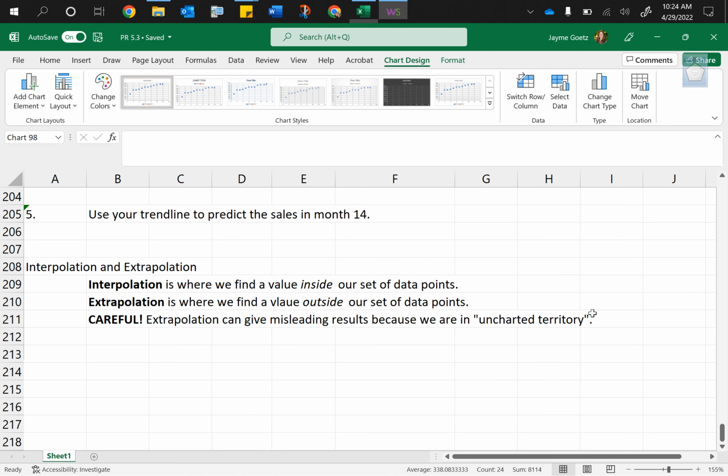Extrapolation is a lot like number 5 right above there, where it says use your trend line to predict the sales in 14 months. That is extrapolation. That is not inside of our data values, and it is not taking into account anything that could happen. Maybe the stock market crashes and all of those technology things go out the window. That is a prediction. It is uncharted territory. That is extrapolation.